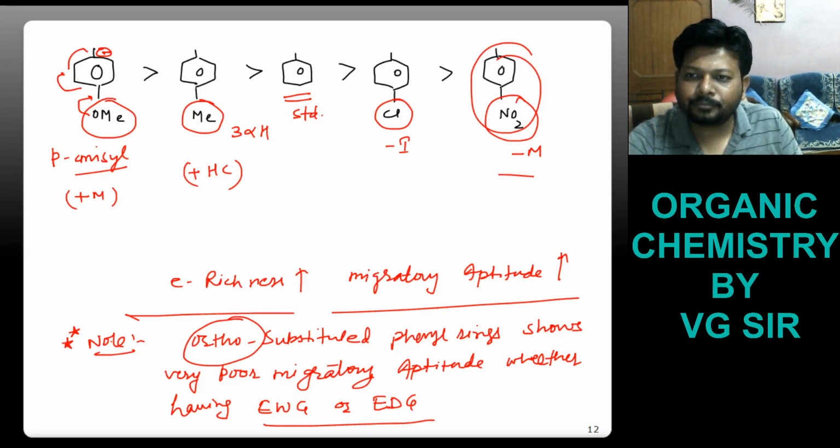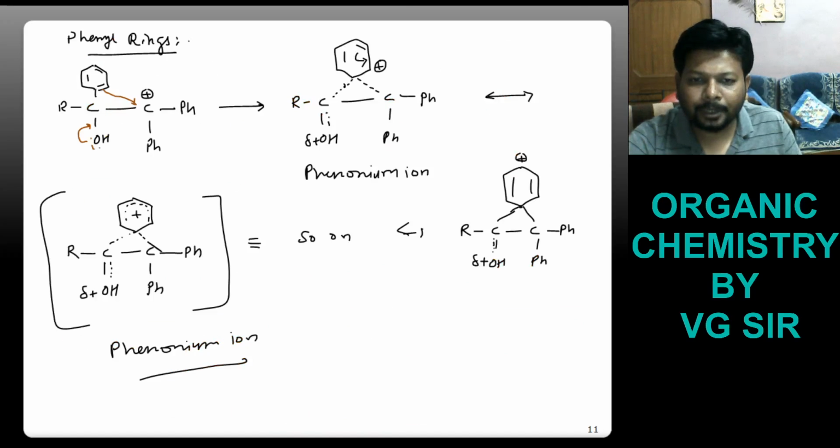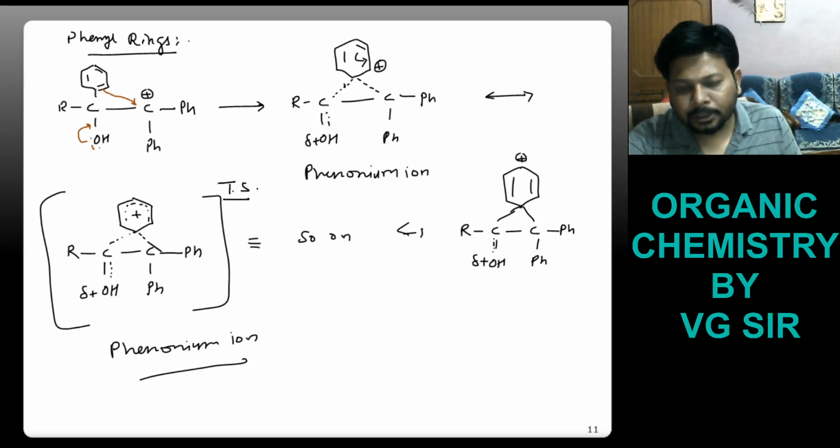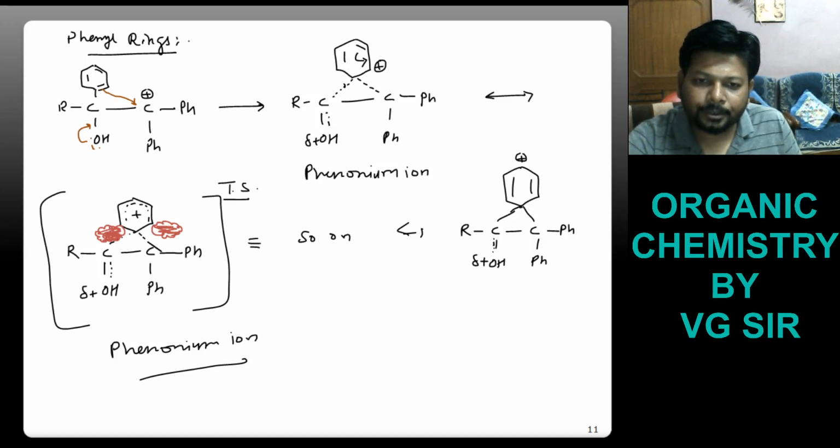What is the reason? To understand the reason, we should go back. See, in the transition state, in the phenonium ion, the ring is bonded with both the carbons. So if any big or large group is attached at the ortho position, whether here or here, it will create steric crowding or steric hindrance during migration. So the reason is not electronic, okay, the reason is steric.